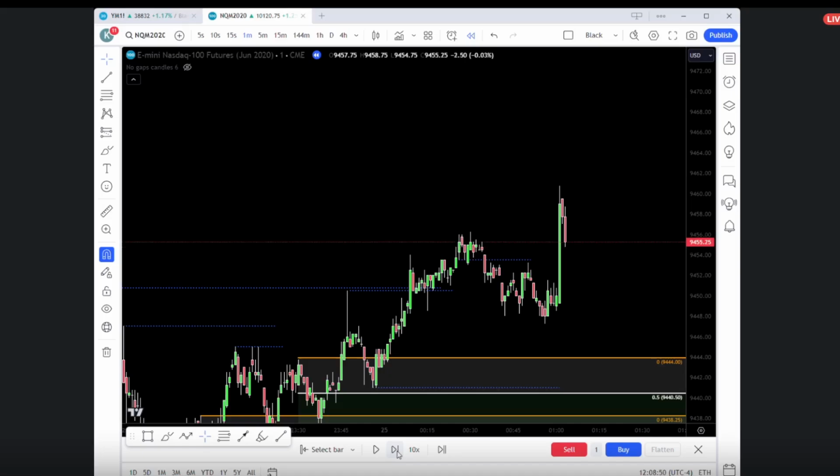Still long? Right? You stop back into the range.